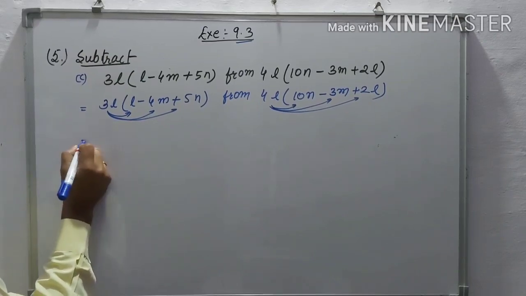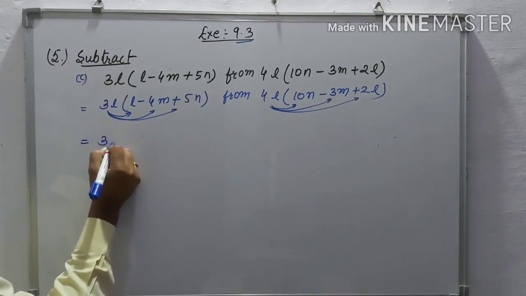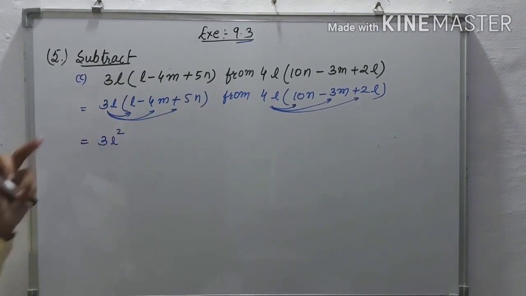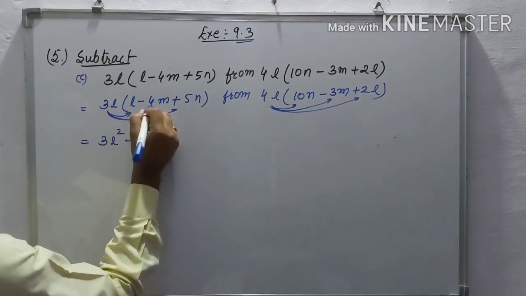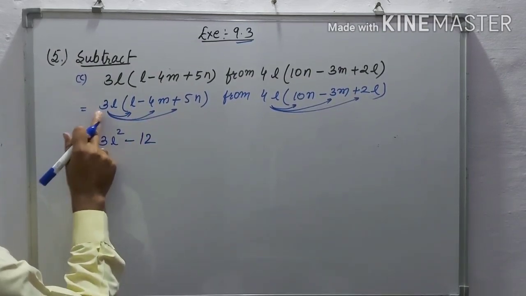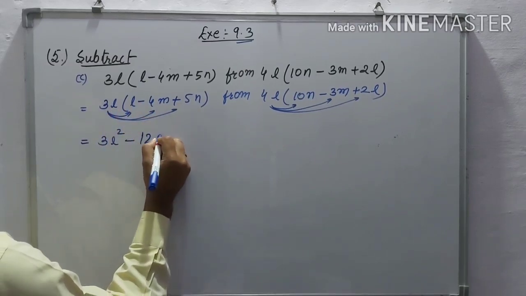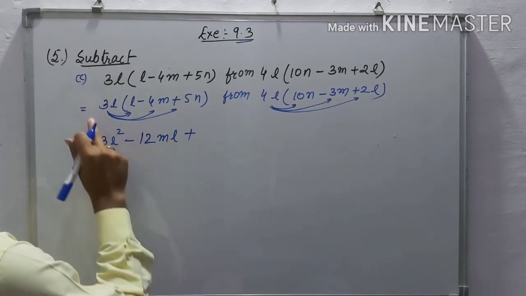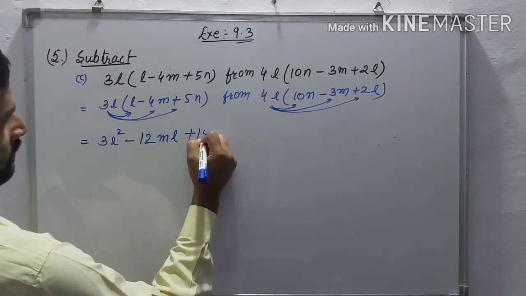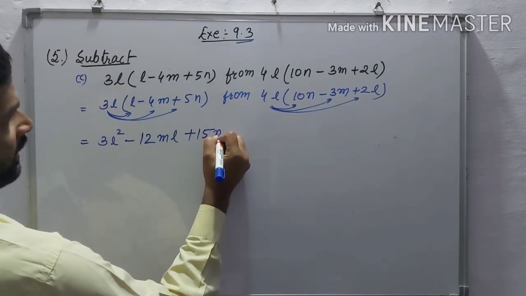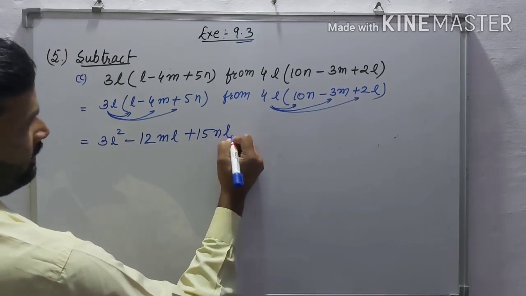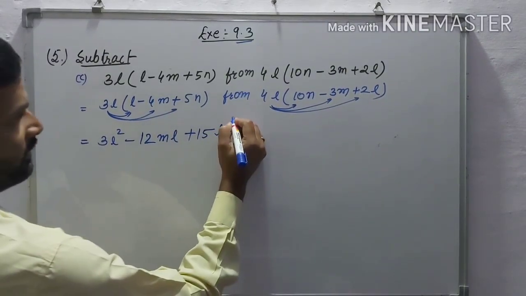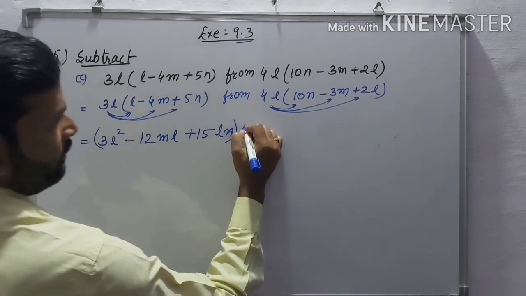So directly solve: 3l times l is 3l square, because 3 times 1 is 3 and l appears two times. Minus 3 times 4 is 12 lm, and you can write it as ml, no problem, law of commutative. Plus 3 times 5 is 15 ln. OK, this is the first bracket.